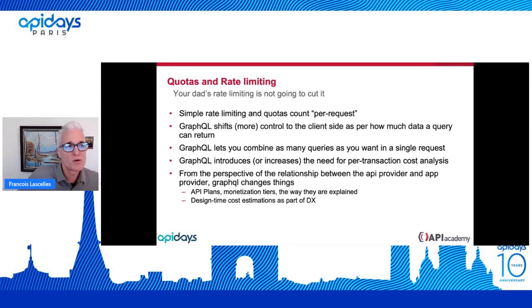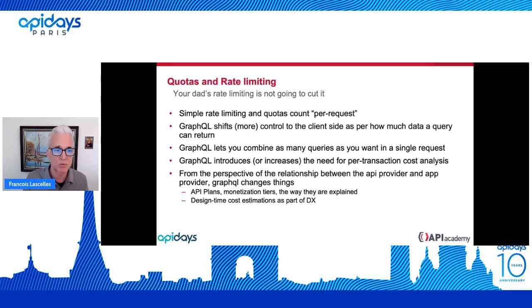Now let's talk about quotas and rate limits. Your dad's rate limits are not going to cut it here. Simple rate limiting and quotas tend to count on a per request basis: transactions per day or transactions per month or things like that. But unfortunately, or fortunately, GraphQL shifts a lot of control over to the client side as per how much data a query can return.